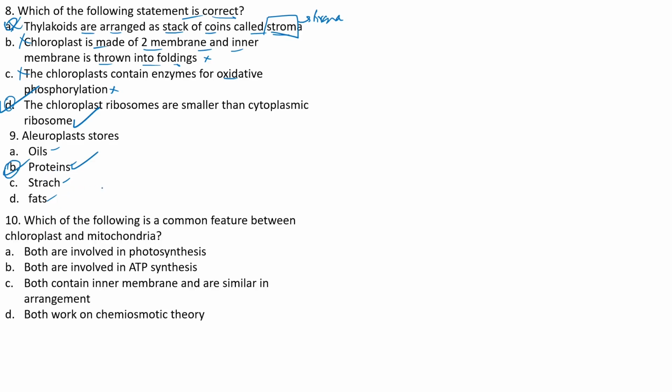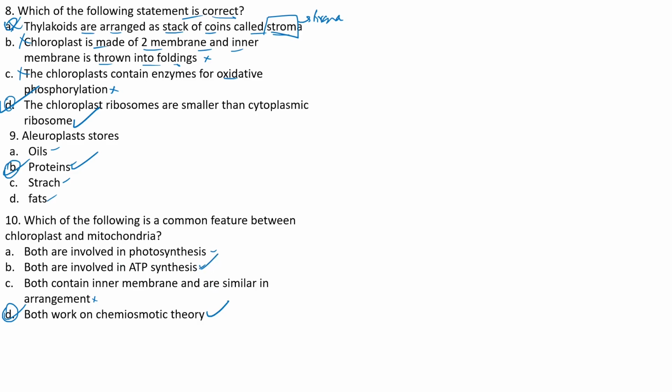The next one, which of the following is a common feature between the chloroplast and mitochondria? Both are involved in photosynthesis. No, both of them are not involved in photosynthesis. Both are involved in ATP synthesis. We can say that to some extent. Let us see that. Both contain an inner membrane and are similar in arrangement. No. Both work on the chemiosmotic theory. Yes, they both actually work on the chemiosmotic hypothesis. Both are involved in ATP synthesis.